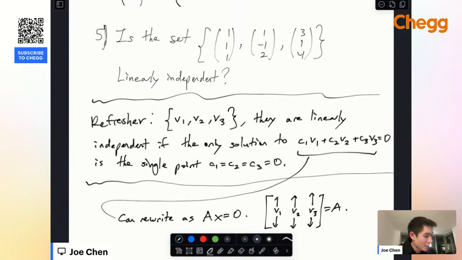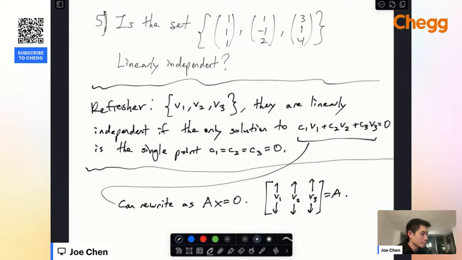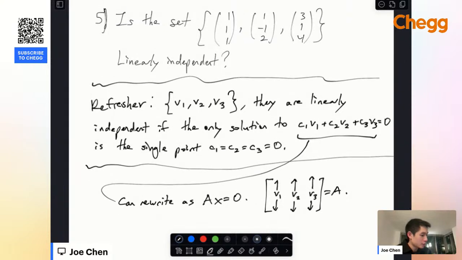So, okay, let's see that in an example. Does anyone know what I would do to get the matrix A with these vectors right here? If you know, you can let me know in the chat.